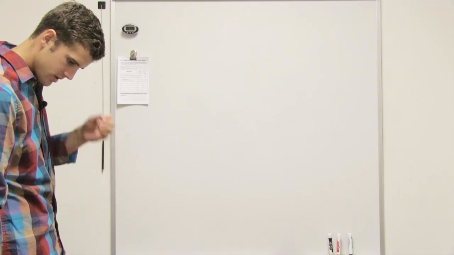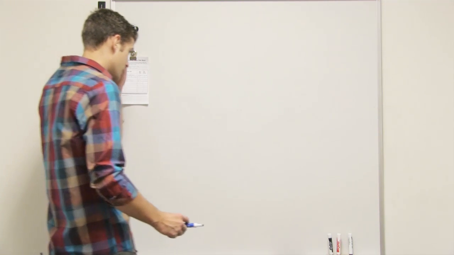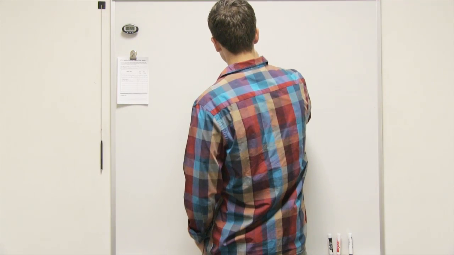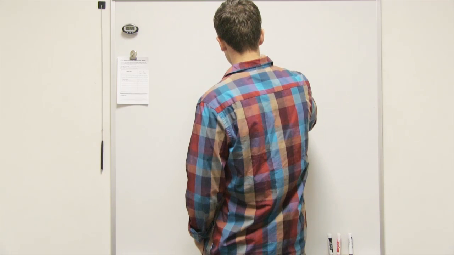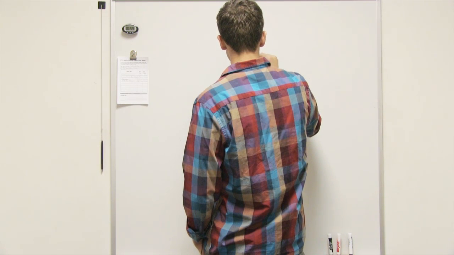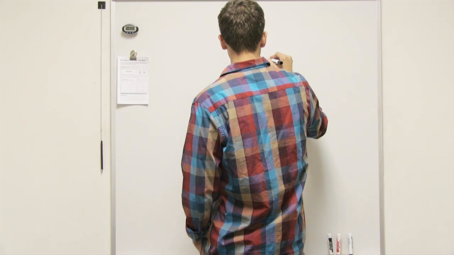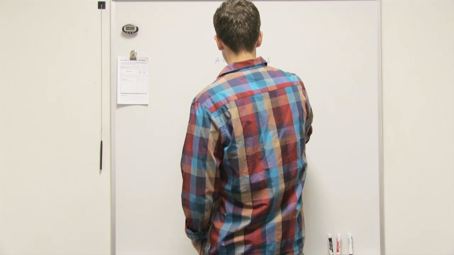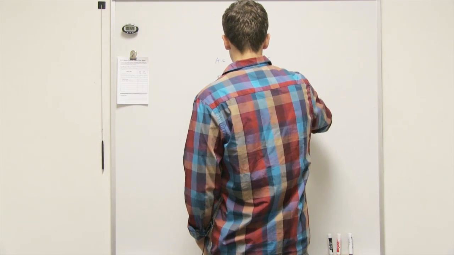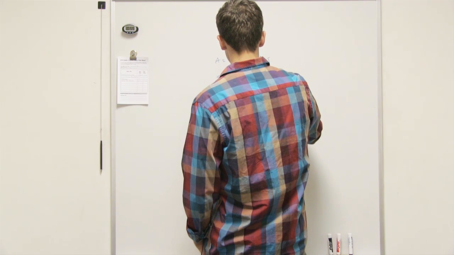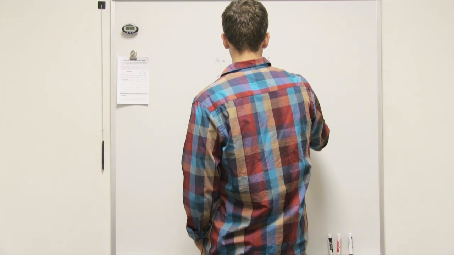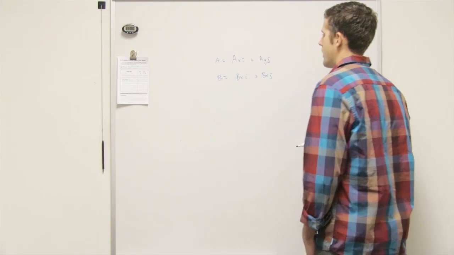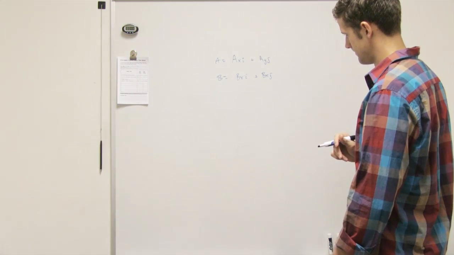So the dot product is the way you actually do it in vector notation. So this is A, this is B, with components Bx i, By j.